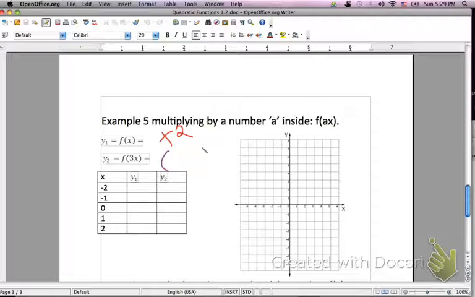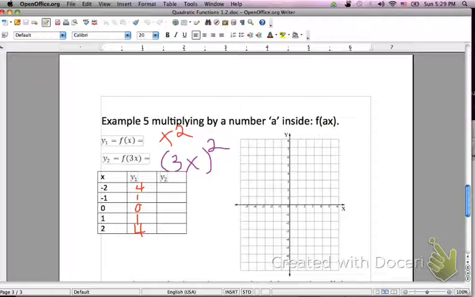So I need that 3 inside the function operation. We'll do 3x. And we should already have the parent function values known pretty well. We have 4, 1, 0, 1, 4.